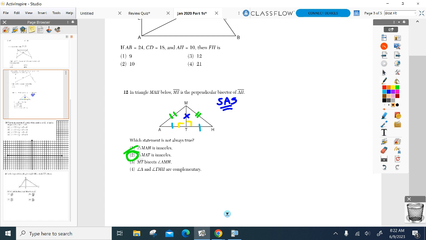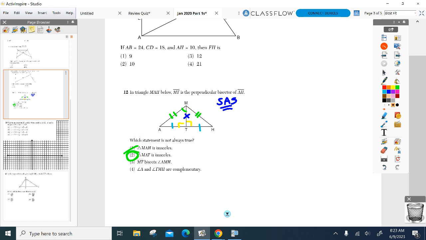But let's go through the other two before we call it a day here. Why is this true that MT bisects AMH? How do I know MT bisects AMH? Whoa, okay, but it just bisects the side, didn't say bisects the angle. What do we know about the two triangles? They're congruent. So what do I know about these two angles up here?